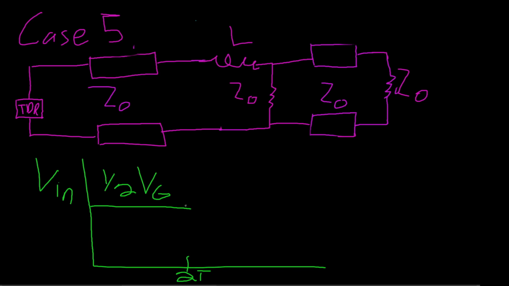It's going to start out as an open, and so it will go up to VG, and then as it starts transitioning to a short, at steady state, it's going to have Z0, ZG, Z0, which are all equal, so it is going to go down to 1/3 VG when you go to steady state.